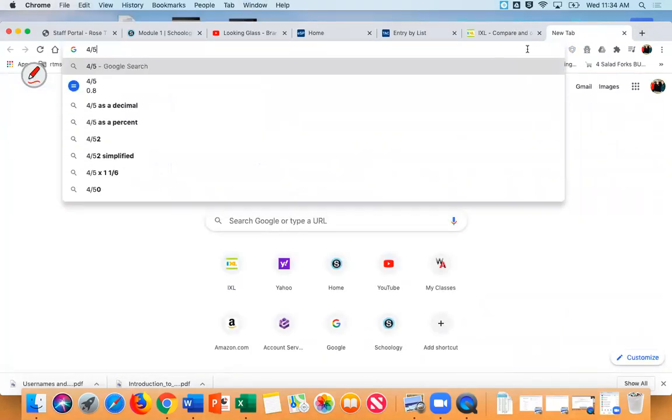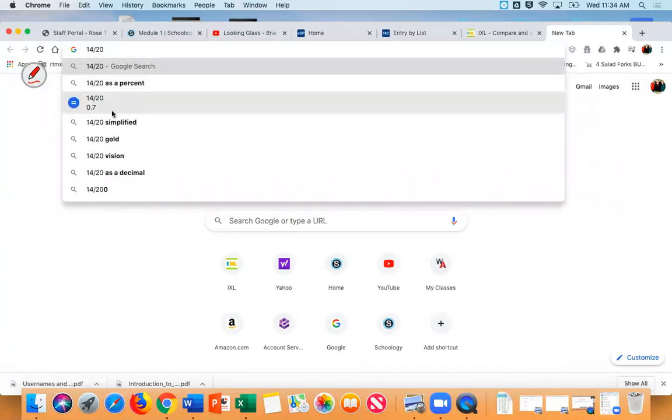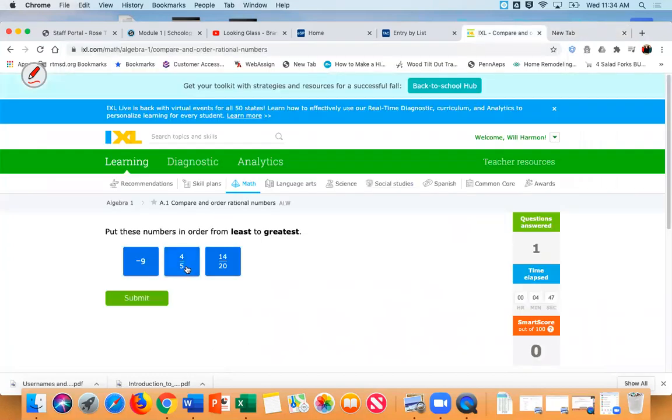So somebody taught me this. You can go up to the web browser, you can do 4/5, and notice in the web browser, it tells me the decimal. Mike, do you notice that says 0.8? And then 14 over 20 says 0.7. So is 0.8 or 0.7 bigger? Switch 14 over 20 with 4 over 5. There we go.